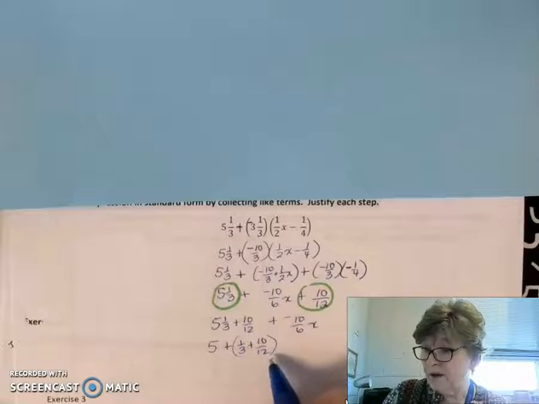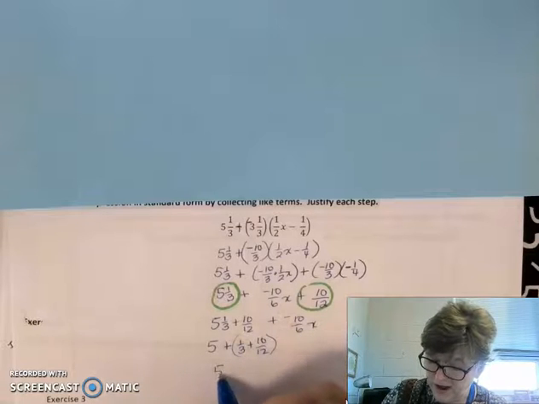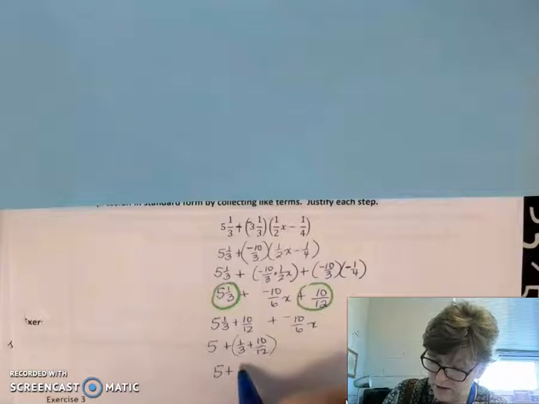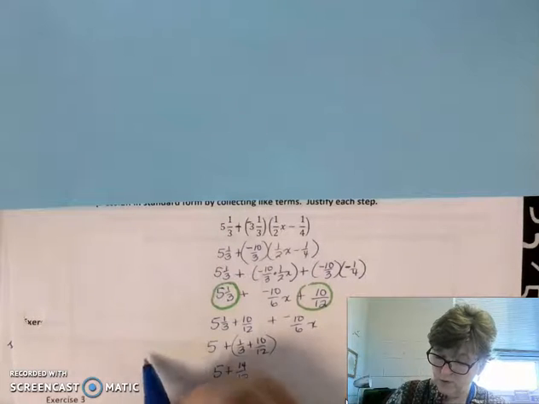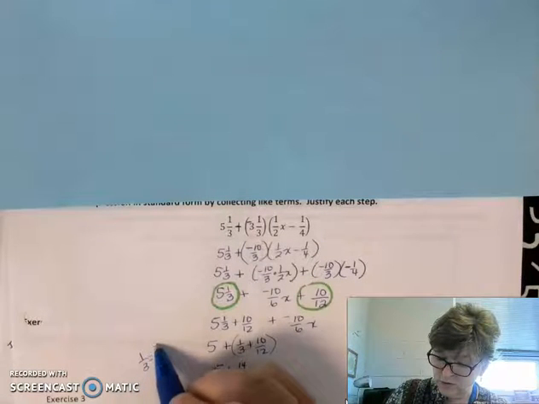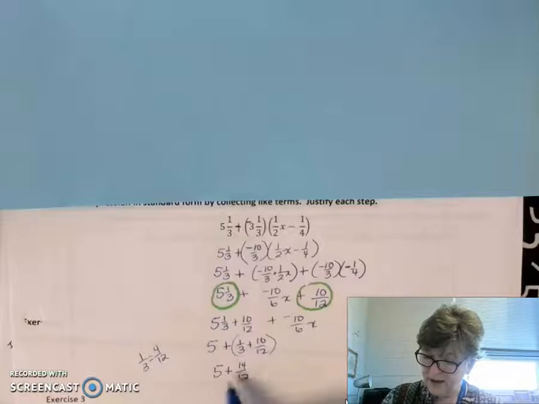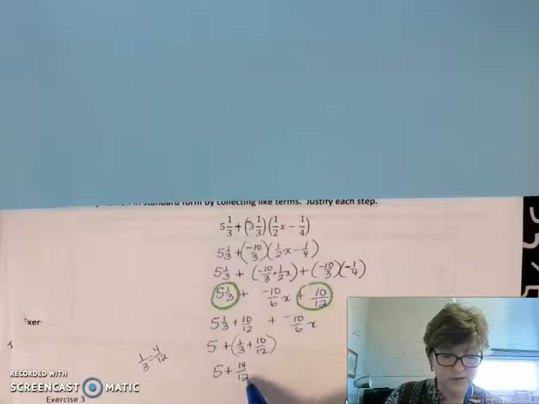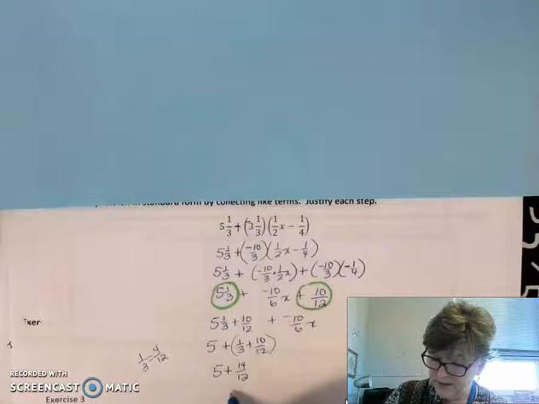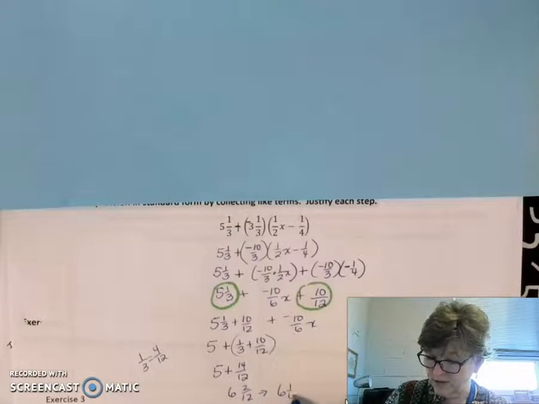And my common denominator is 12. So 5 plus 14/12, because 1/3 is equal to 4/12. And this equals 6 2/12, which is also 6 1/6.